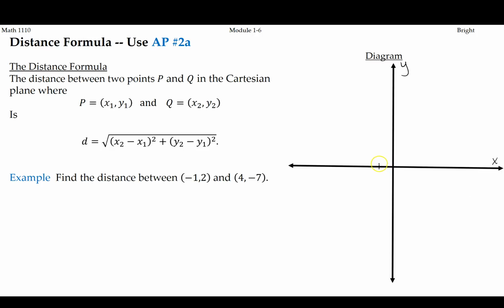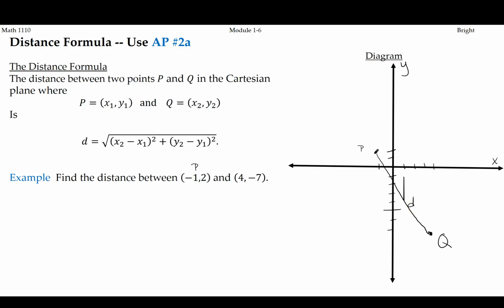So -1 and up 2, that would be my first point, and I could label that as P. And Q is going to be at 4, 1, 2, 3, 4, and then down 7, so (4, -7) down here, and so that's Q. The straight line distance, imagine that was a perfectly straight line, that's going to be my d that I want to find.